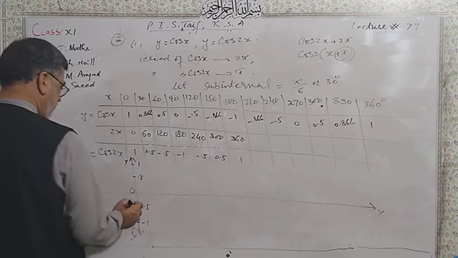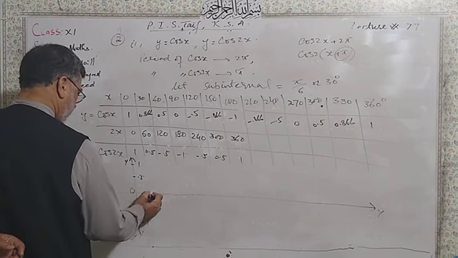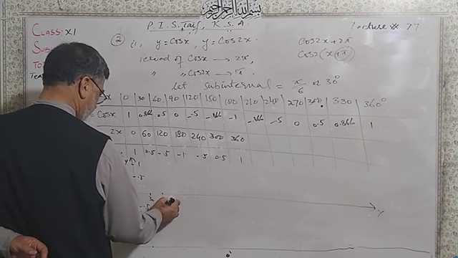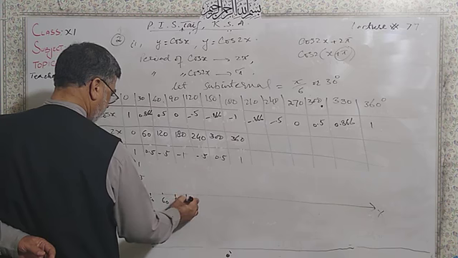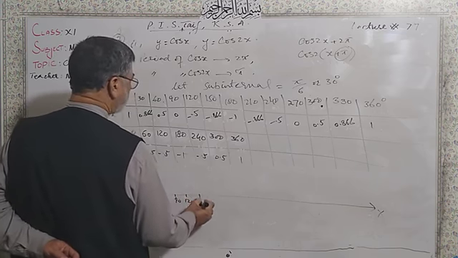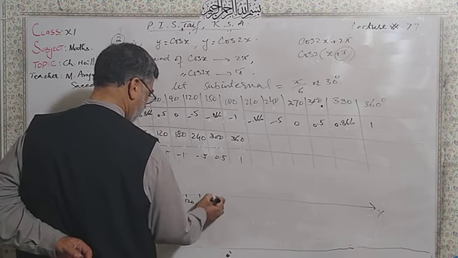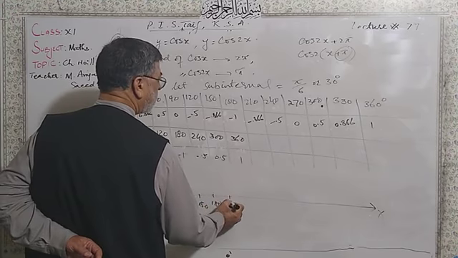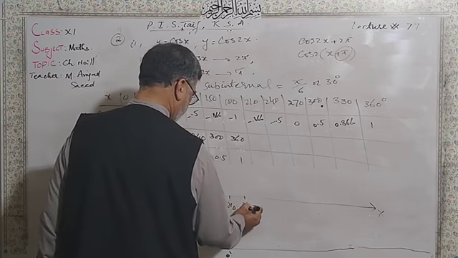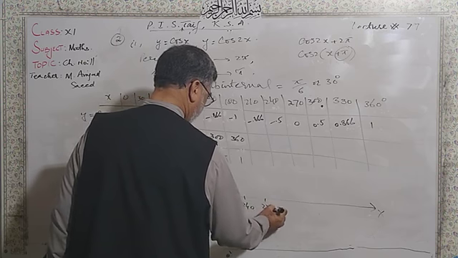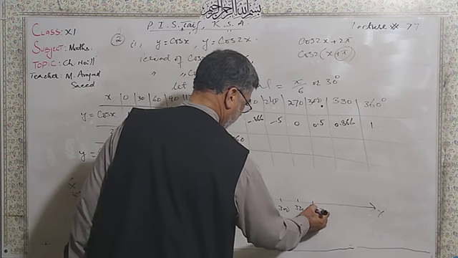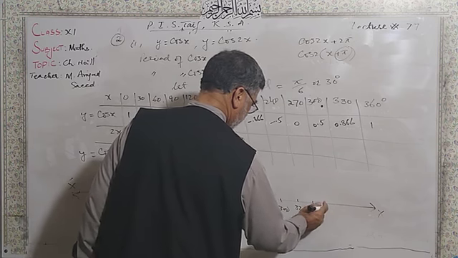We will write down 0, 30, 60, 90, 120, then 150, 180, 210, 240, 270, 300, 330 and 360.